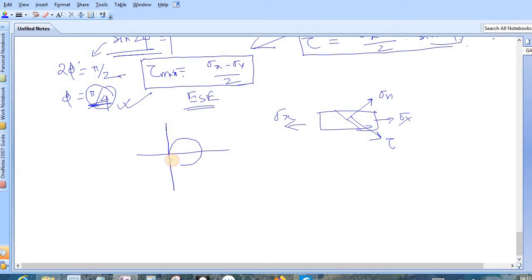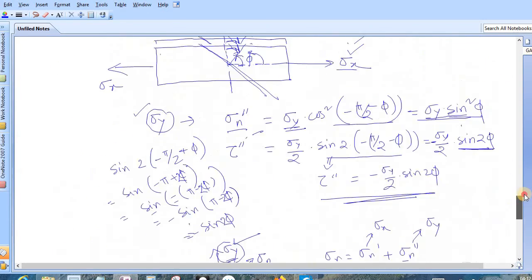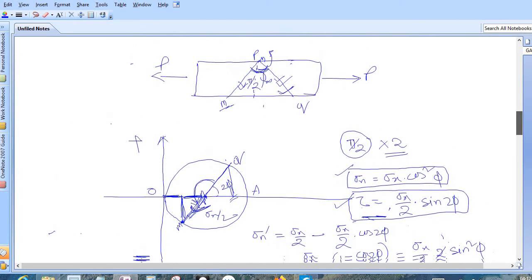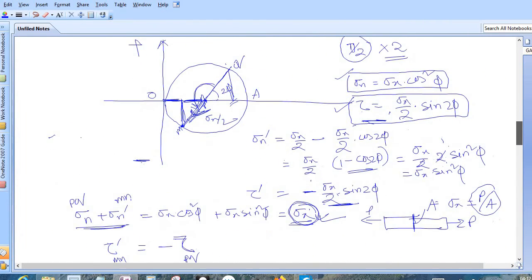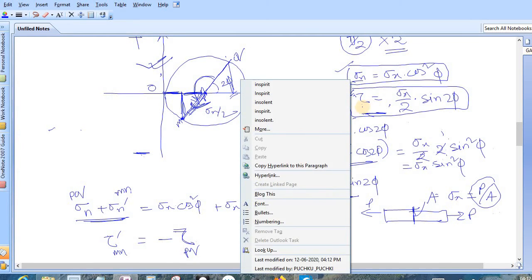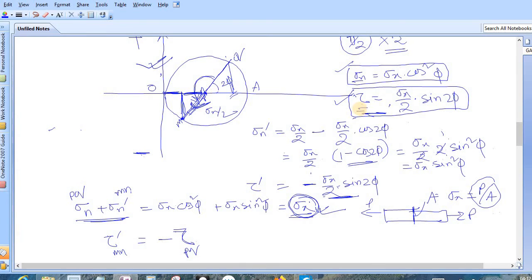Okay, if you have forgotten, let me remind you. Let's see whether it is there or I have deleted. Oh yeah, it's there. So we also calculated by graphical representation the stresses acting on the plane PQ, both the normal stresses and the shear stresses. So this was for uniaxial stress, or only for sigma x.